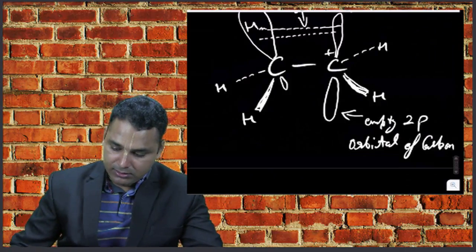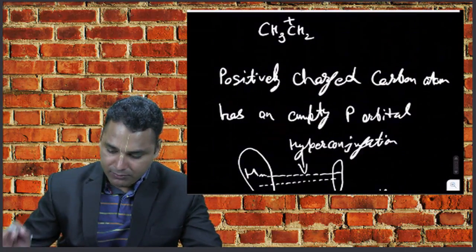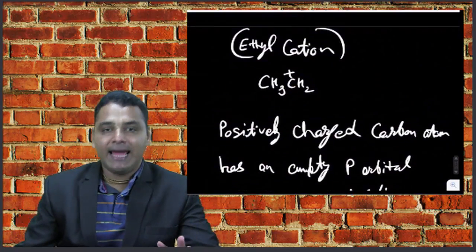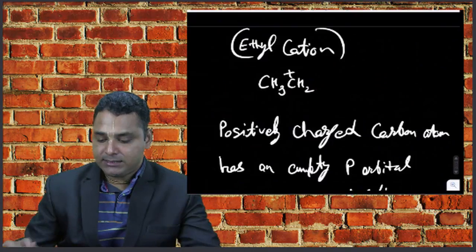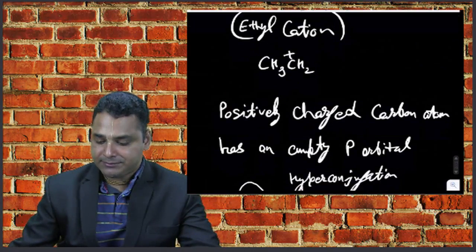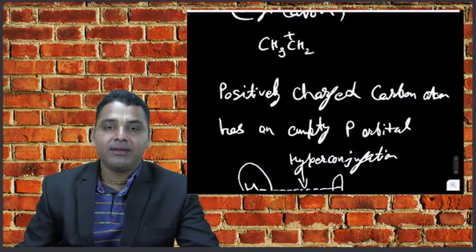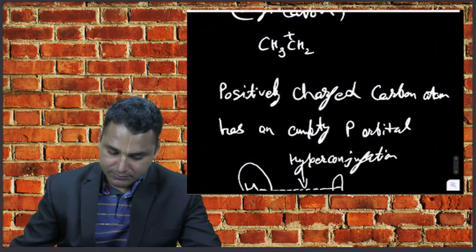To clarify further, we have taken the example of the ethyl cation, in which the positively charged carbon atom has an empty p orbital.